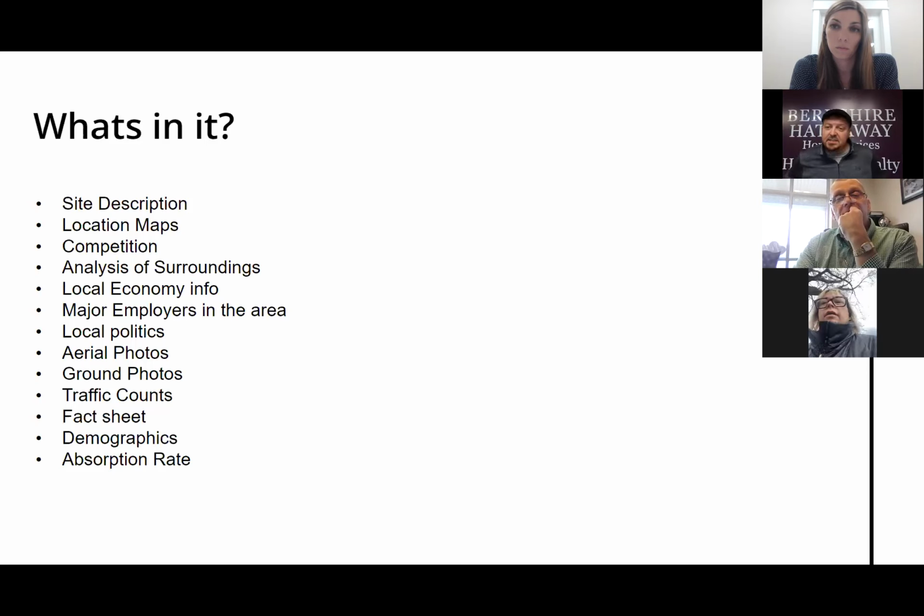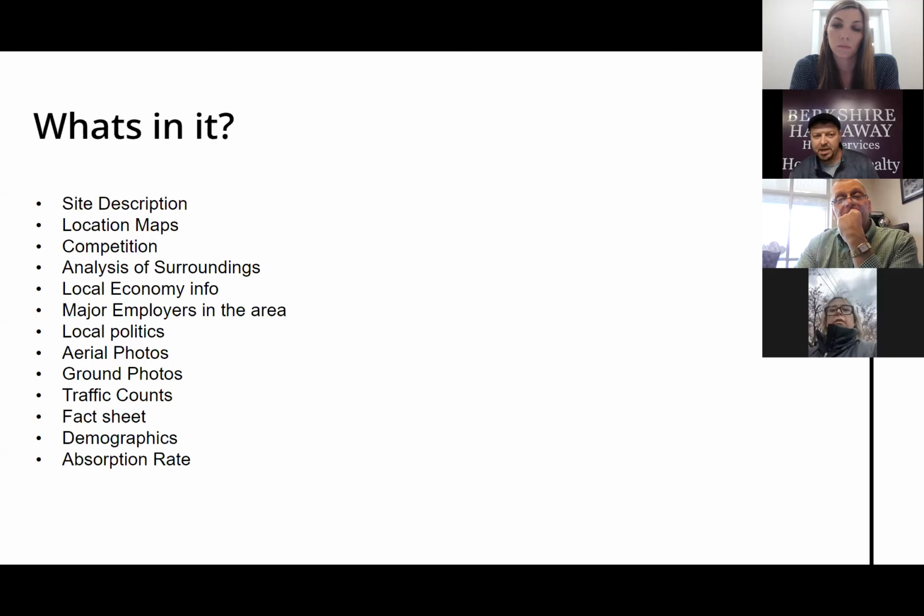Also, you would want to see how many jobs currently are in the area. When you start looking at site development, this goes for all types of commercial, whether it be retail, office, industrial. Commercial is all based upon employment data.